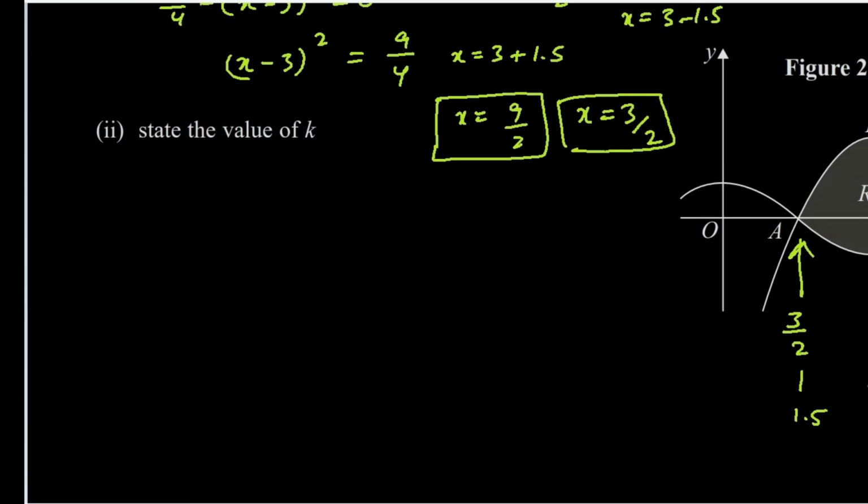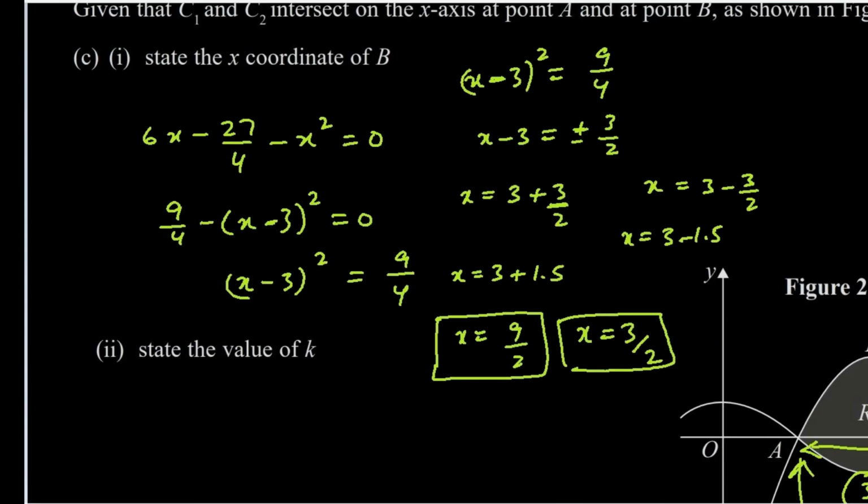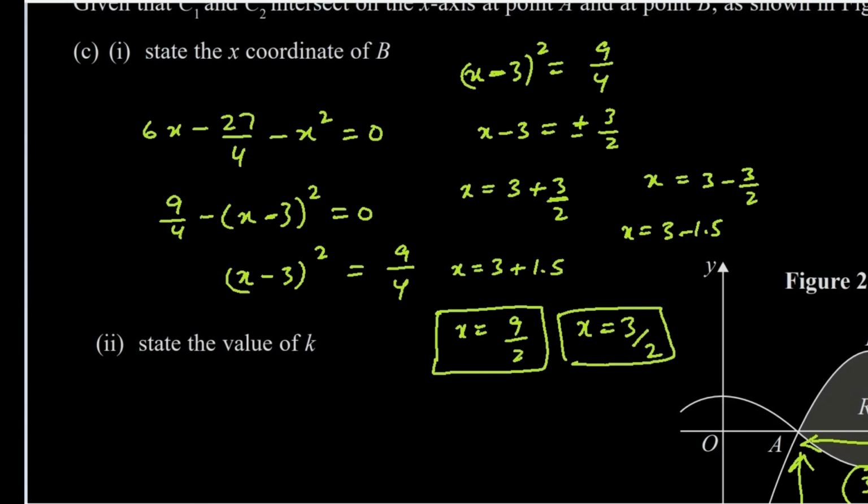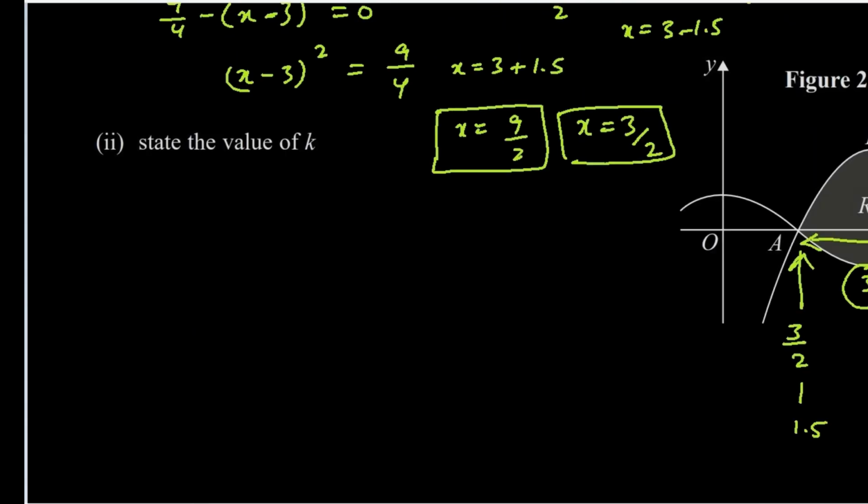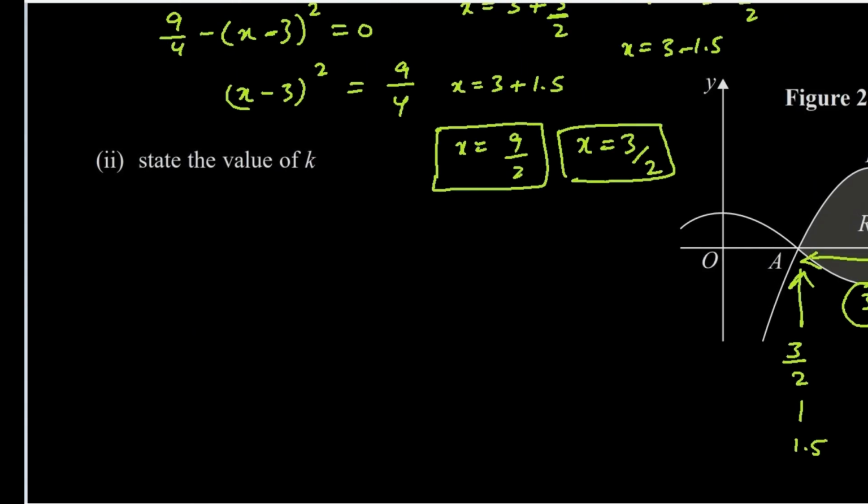And the distance between these two is going to be 3. Okay, so these are the two x coordinates of B. So the x coordinate of B is going to be 9 over 2.